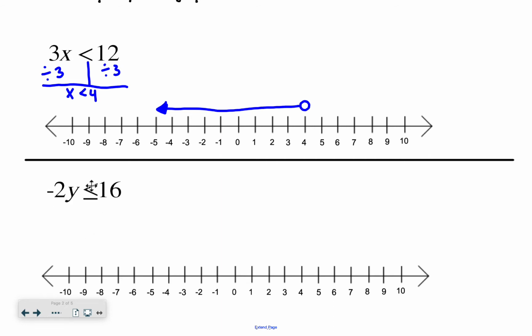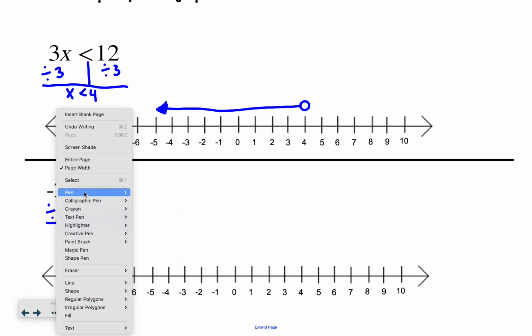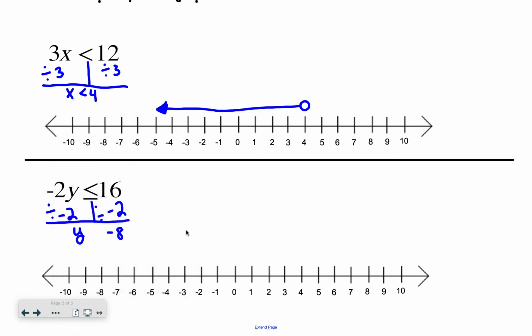We have negative 2y is less than or equal to 16. So again, I'm going to divide on both sides, and this time I'm dividing by negative 2. So I would say y, and then 16 divided by negative 2 is negative 8. And here's where things get just a little different.